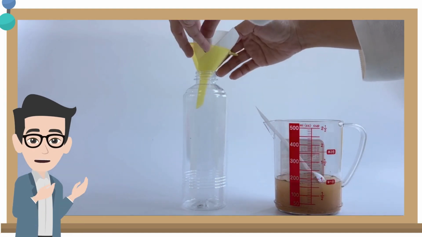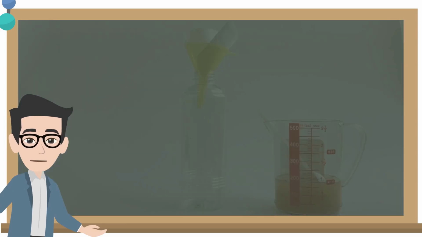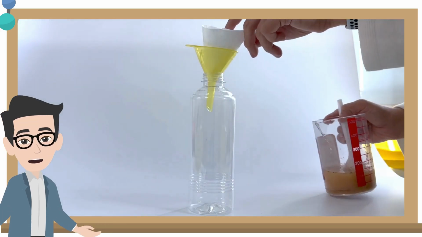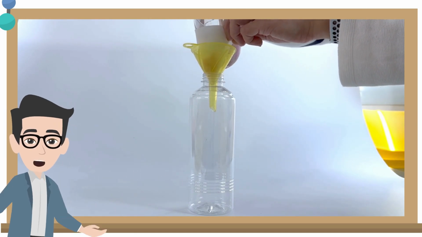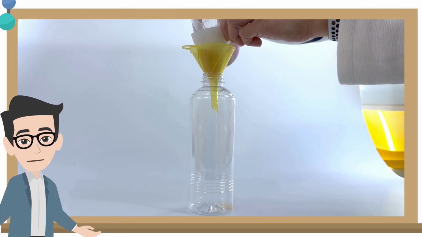We are now ready for the experiment. Fill half of the filter with muddy water and leave the setup aside for 10 minutes. Observe the color of the water that is in the bottle.